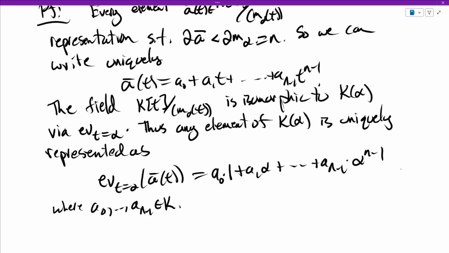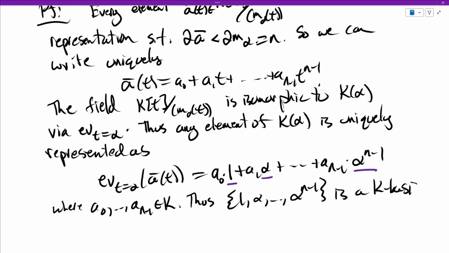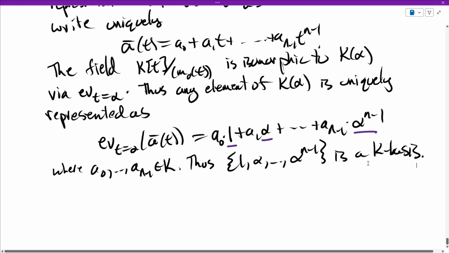Okay, so what are the elements that things in my field are k-linear combinations of? They're combinations of 1, alpha, and so on, all the way up to alpha to the n minus 1. So thus, 1, alpha, continuing taking powers, is a k-basis. All right, that's the end.